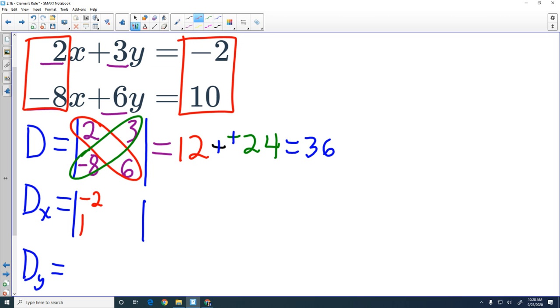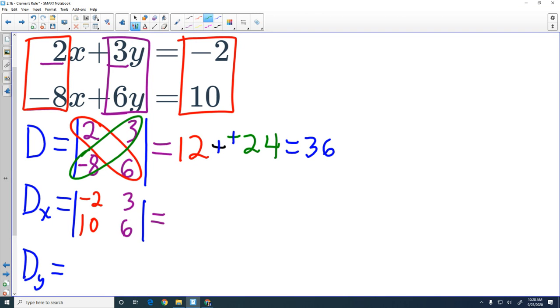The -2 and the 10 go on the left. The right side is still going to be the same as my first determinant. That coefficient determinant is the 3 and the 6, which we got from the y terms. Those are the y coefficients, 3 and 6. We don't change either of those numbers. So this is the setup.